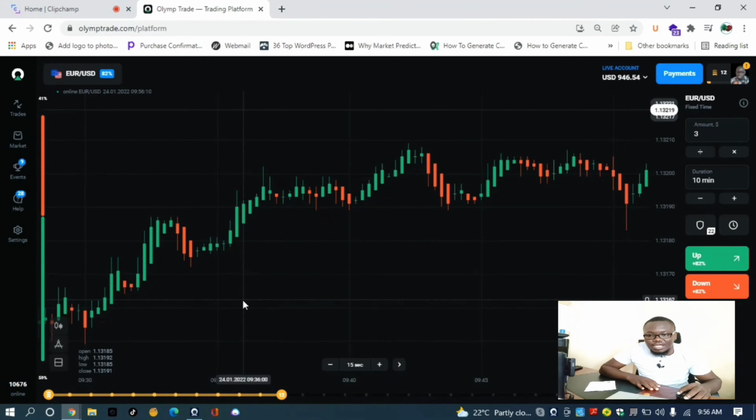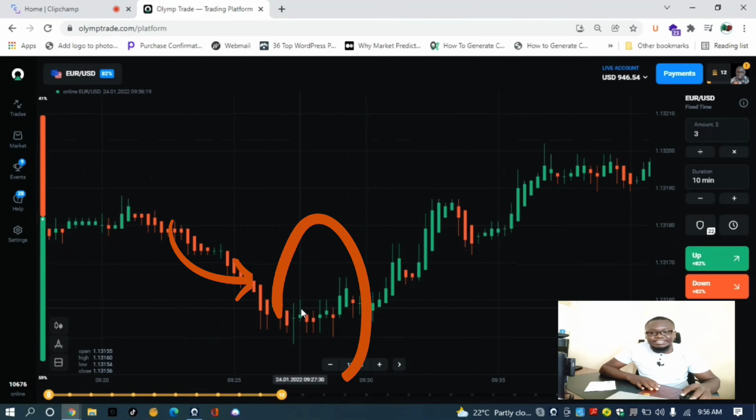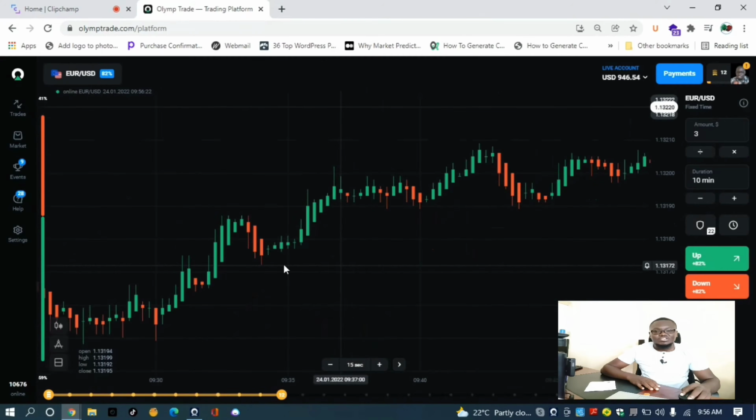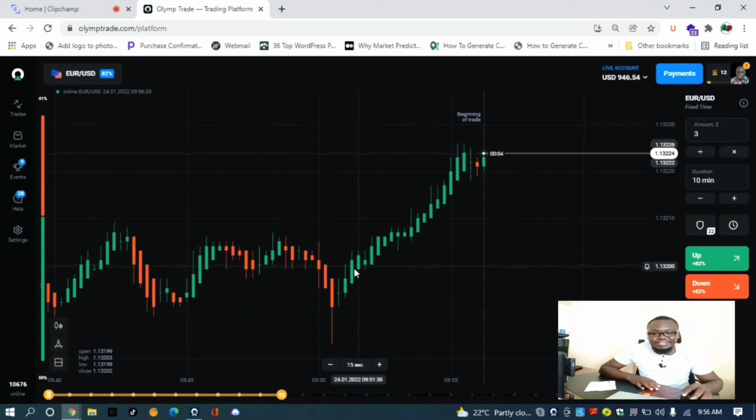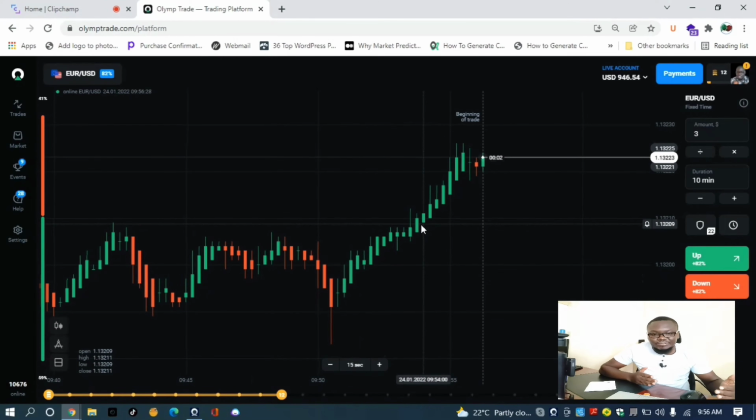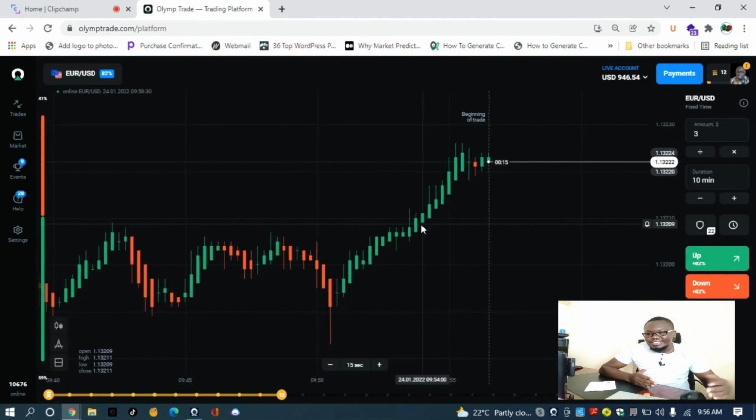In an uptrend, what will come next is a downtrend, and in a downtrend, what will happen next is an uptrend. So what we'll be looking at is the formation of these candlesticks, the ones that are forming at any particular time, to make our trading decision.